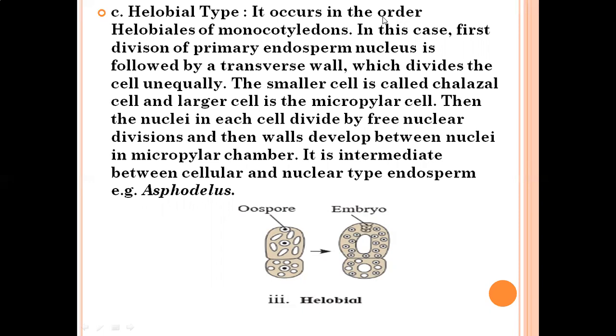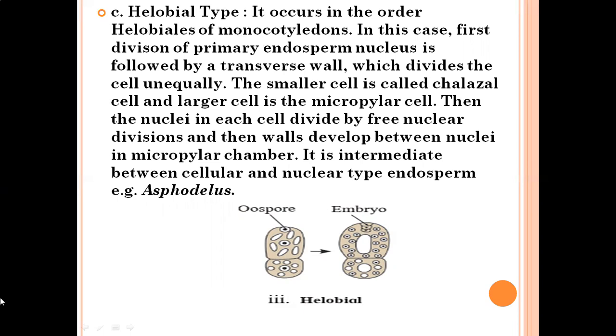Next, halobial type of endosperm. Here, it occurs in the order Helobiales of monocotyledons. Why is the name halobial type of endosperm? Because this type of endosperm is present in the order, you know the hierarchy: kingdom, order, family, genus, species. So order Helobiales shows this type of endosperm in monocots.